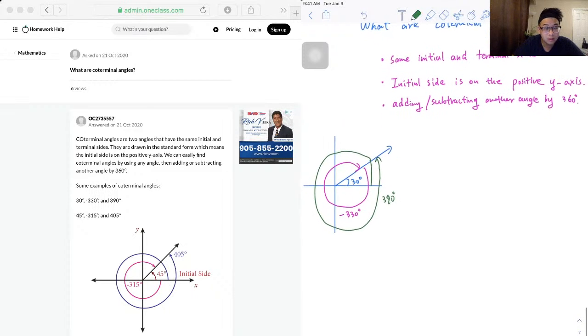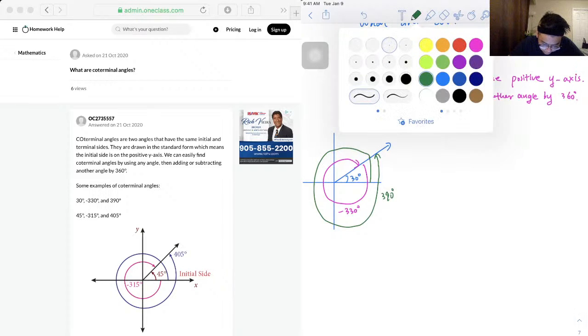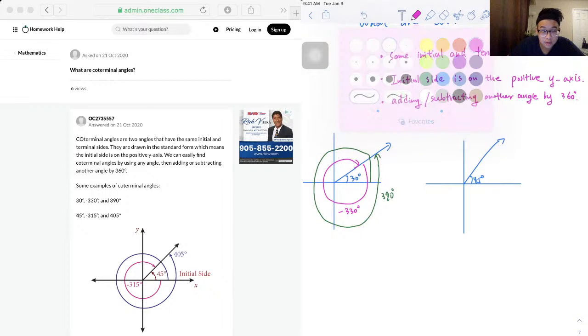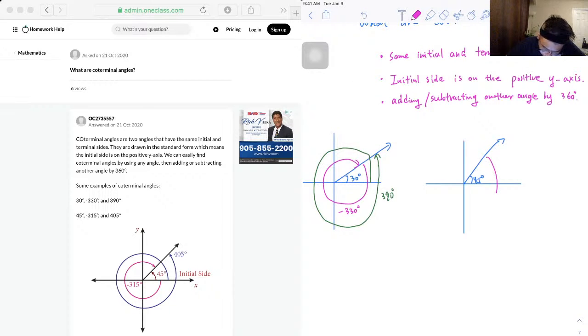Right. And also if we build a 45-degree angle, its coterminal angle is going to be negative 315. Something like this.